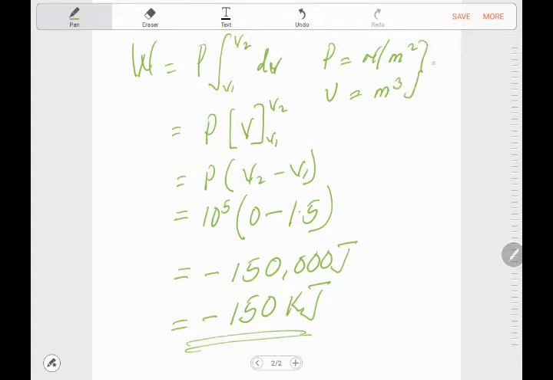These two are SI units. Okay, so in case you are given pressure in bar, in atmosphere, in kilopascal, just make sure you convert to SI unit, which is Newton per meter square.